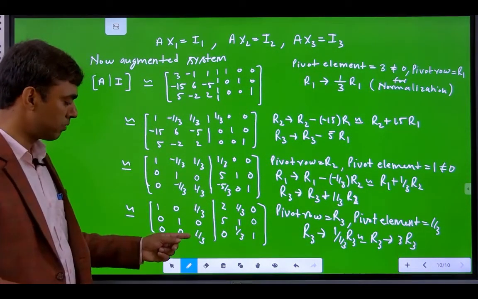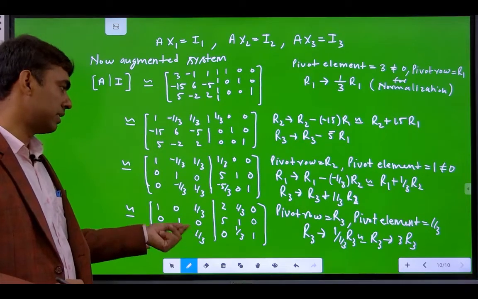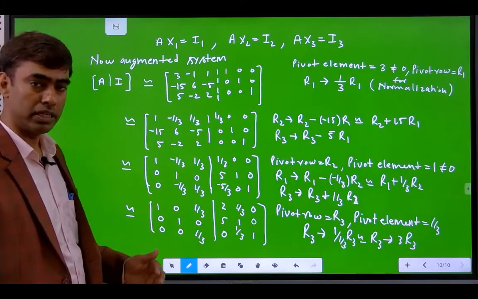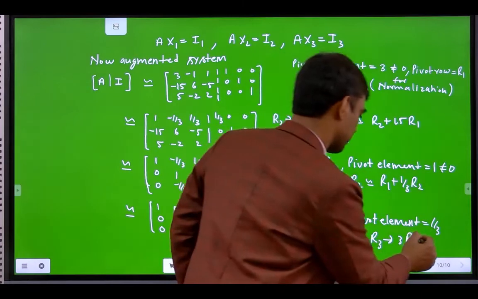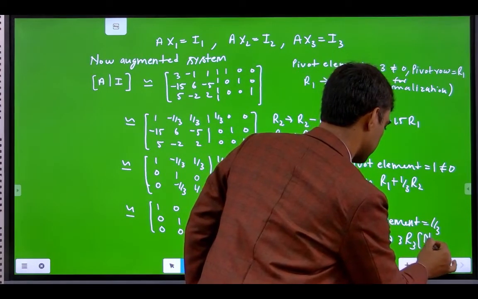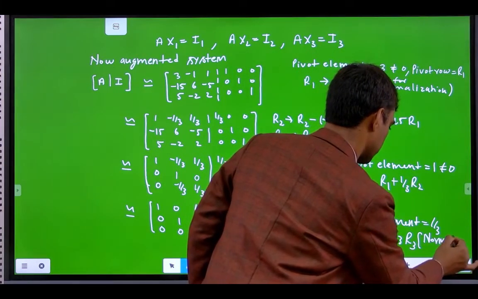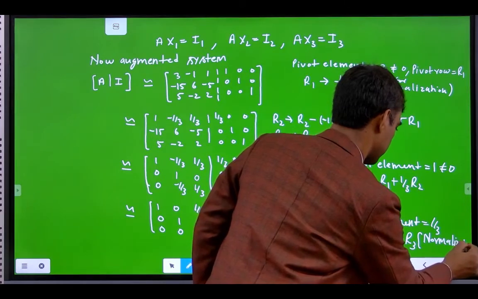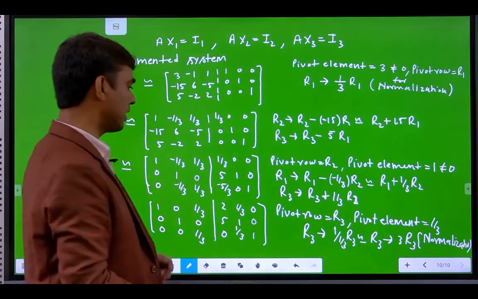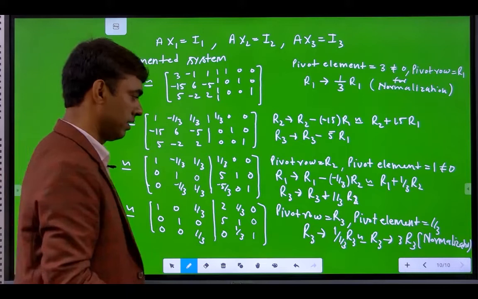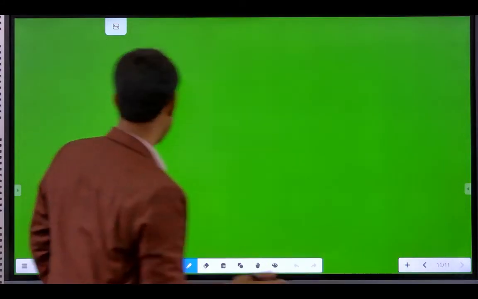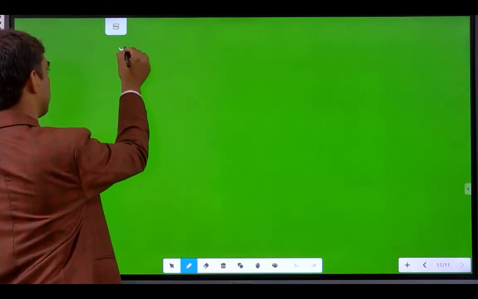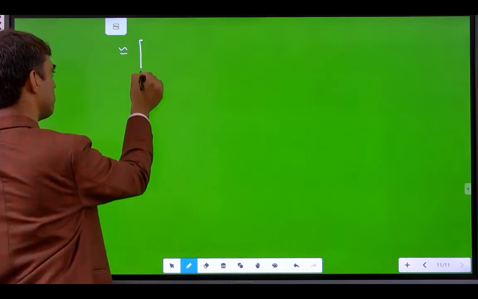So here we perform what? We multiplied by 3 in order to perform the normalization. Here we write normalization. So after normalization, what will happen? Let us write in the next page. After normalization, what is the value?